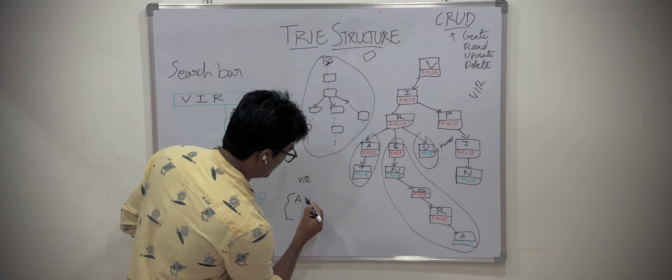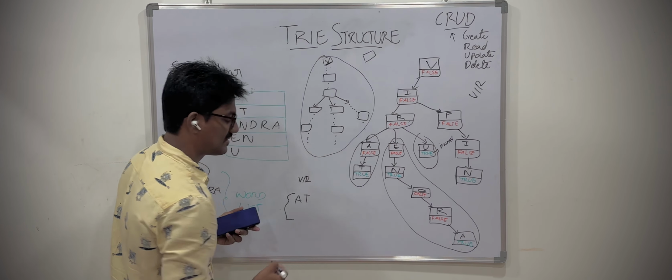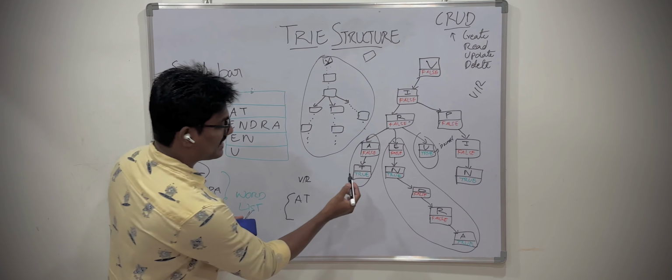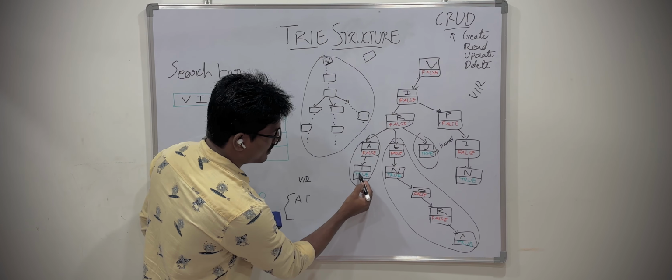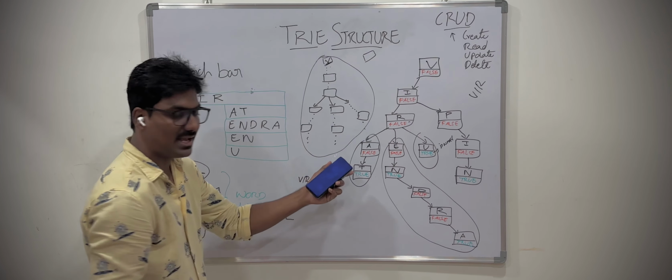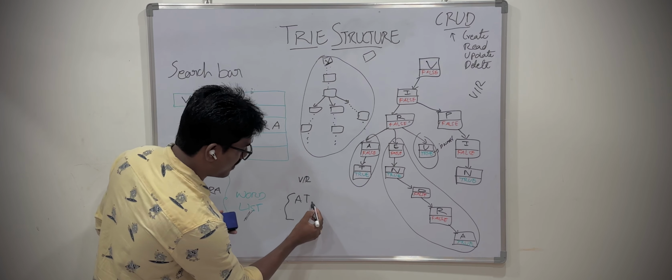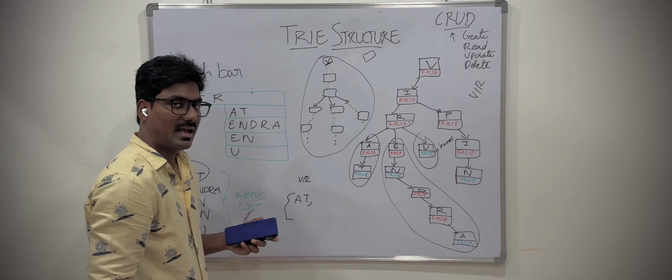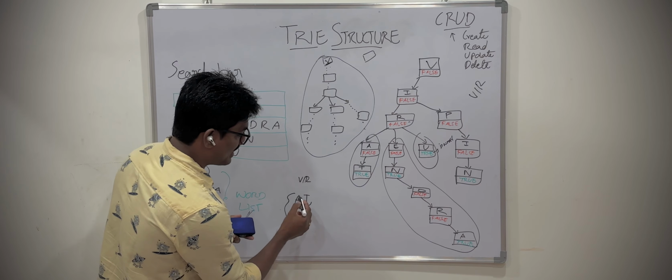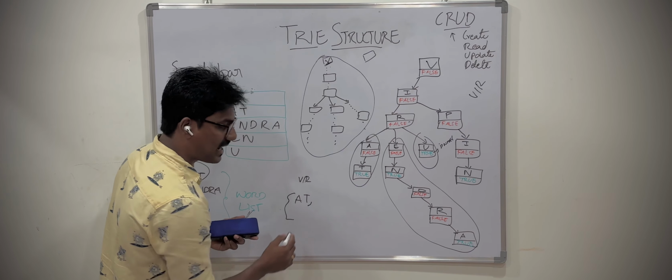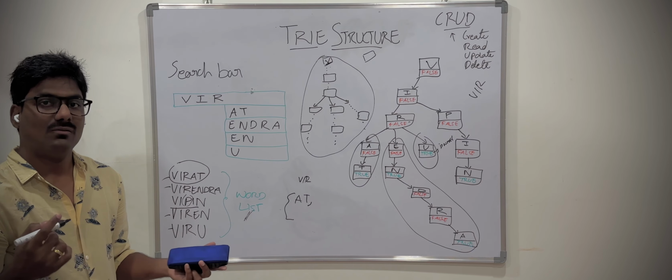This is T, so I need to put it in the string, and I can already see that this T has is word as true, so I need to stop there and consider that as one word.